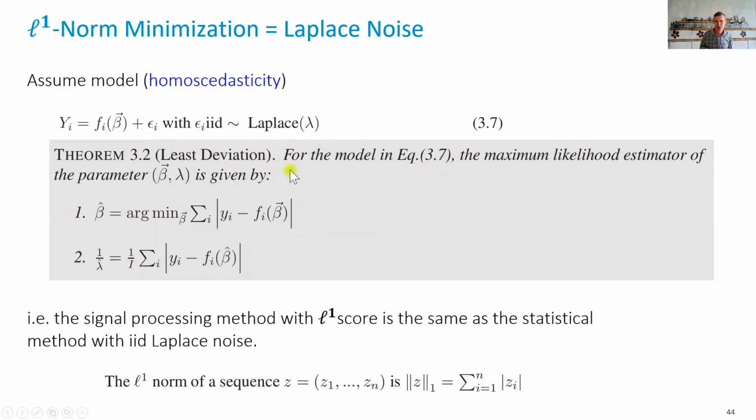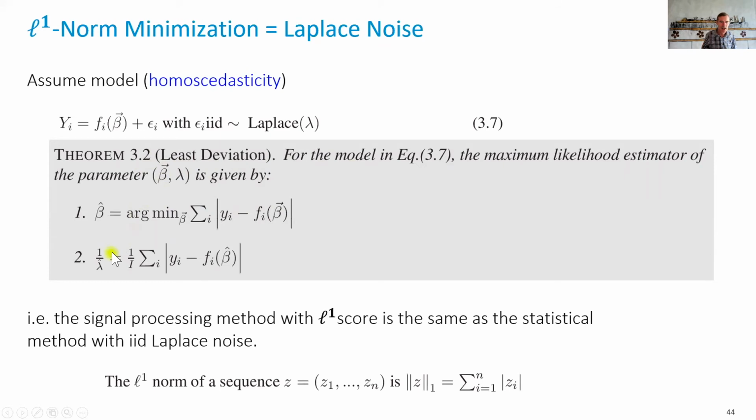Then, as you might have guessed, this corresponds exactly to a score function which is equal to the absolute values here. So the L1 norm: if I take as error score the absolute value of yi minus fi of beta, summed over all data points, I have what is sometimes called the L1 norm of the difference between the data point and the theoretical point here. And the value that minimizes this is exactly the maximum likelihood estimator of the parameter beta.